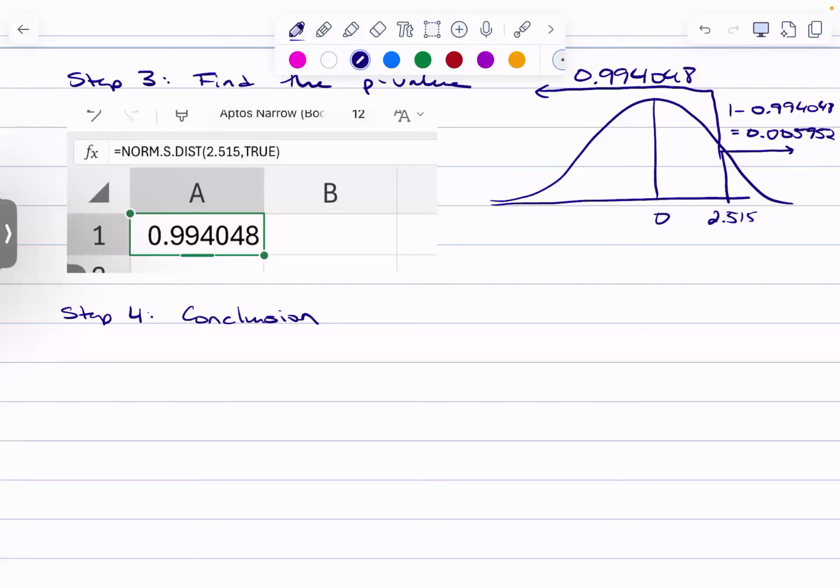You don't have to list the steps, but you do have to do all the steps. I find that it's helpful to have kind of a framework to work off of.